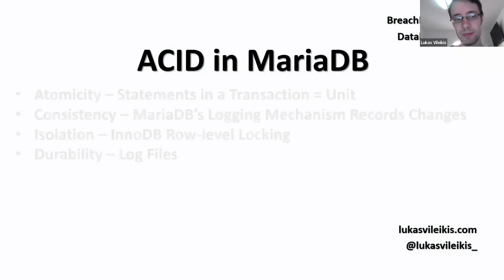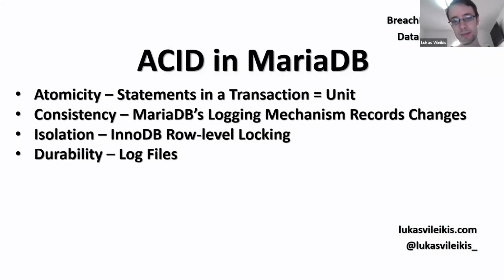So ACID and MariaDB, it looks like something like this. Atomicity is ensured by ensuring that all statements in a transaction operate as an indivisible unit and they cannot be overcome.